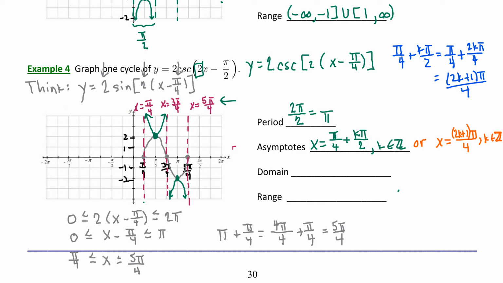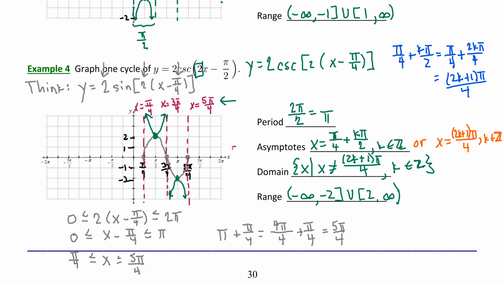For the domain, once we've found the asymptotes, the domain is easy to express. It's the set of all x such that x cannot equal those asymptotes. I'm going to write it as (2k plus 1) pi over 4, where k is an integer. And finally, the range. We're going to range from negative infinity to negative 2 and unite that with the interval from 2 to infinity.